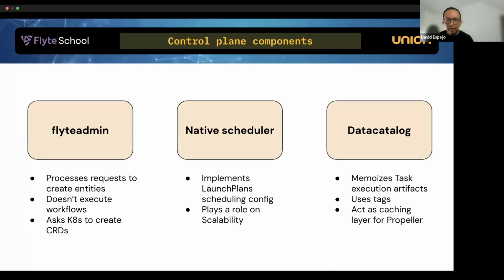If you're in the ML space, you know what this is, but it will basically help the data plane to store not only the outputs of a specific task, but a hash of the inputs. So every time there's a new execution request with the same inputs, it will be a cache hit basically, and the system will remember the outputs without having to execute the workflow again.